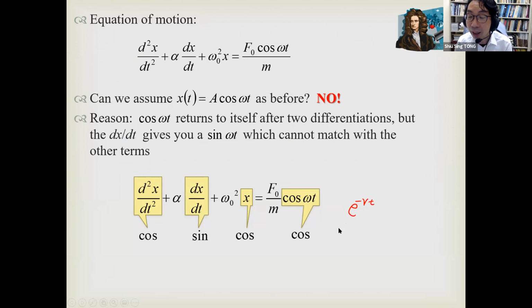But what we are looking at now in this situation is a steady state solution. We have to wait some time for the system to become steady. And in the steady state solution, we don't see this exponential factor because the energy we input just balances the energy dissipated by the damping force. Okay.